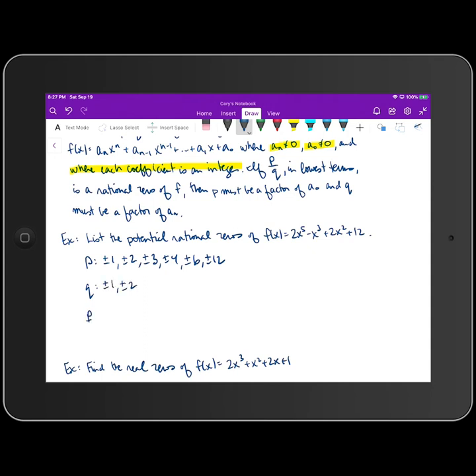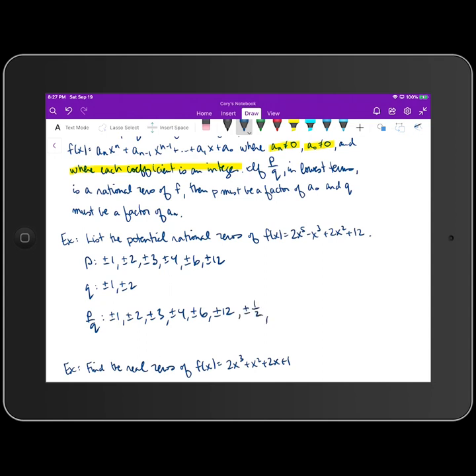So we want to get all combinations of P over Q. Okay, so to get the first set, we're going to take all of those p-values and divide them by 1, which are just going to be plus or minus 1, plus or minus 2, plus or minus 3, plus or minus 4, plus or minus 6, and plus or minus 12. And then next, we want to take all of those p-values and divide them by the q value of 2. So 1 divided by 2 is going to give us plus or minus 1/2.